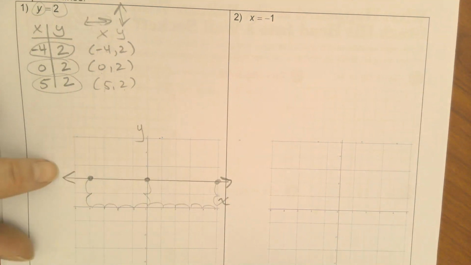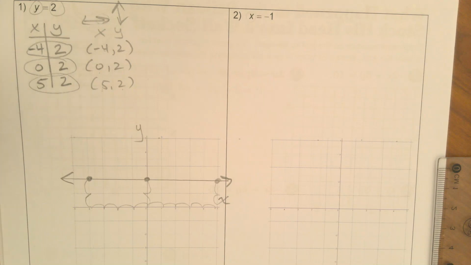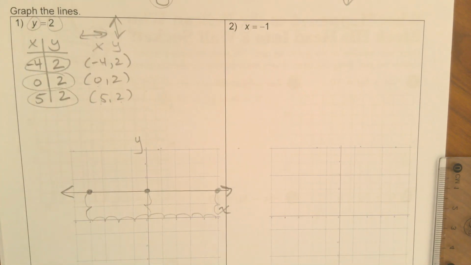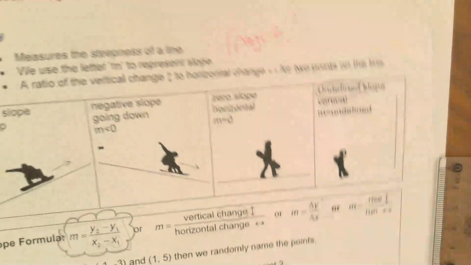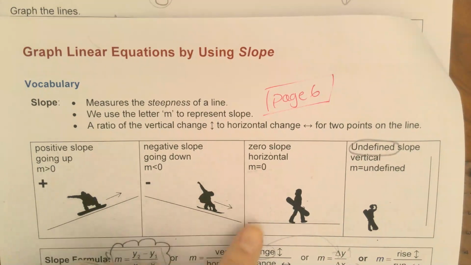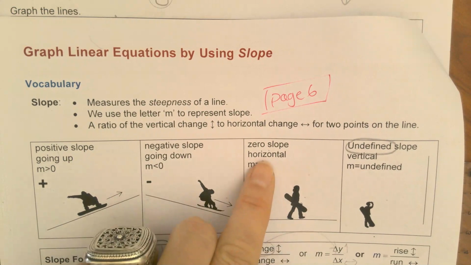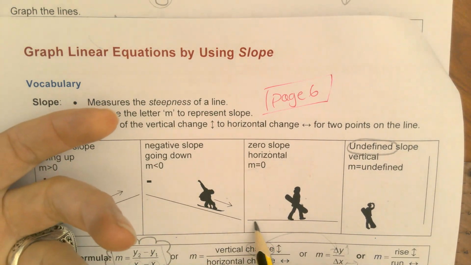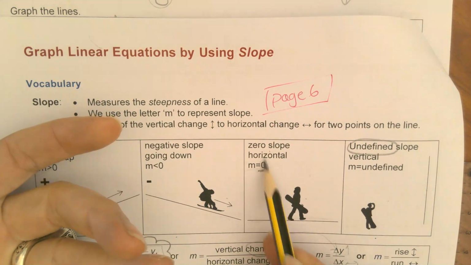So now, not only did you graph it, like it says graph the lines, but you also need to know, let's look on page 6, when you have a horizontal slope, you say, is there a hill here? Is there steepness? No, there's no steepness, so it's 0.